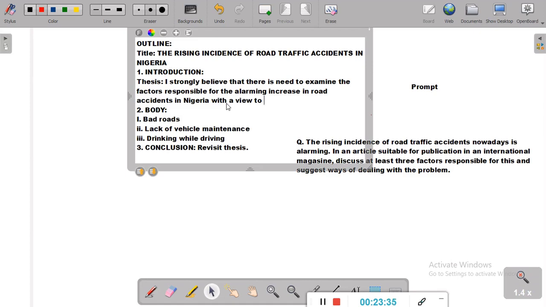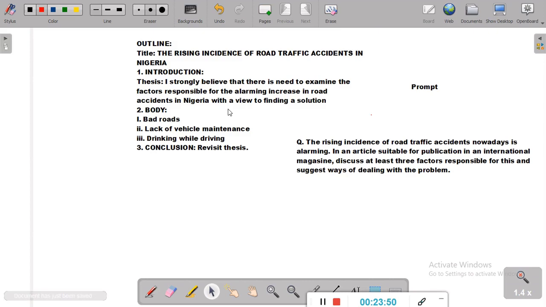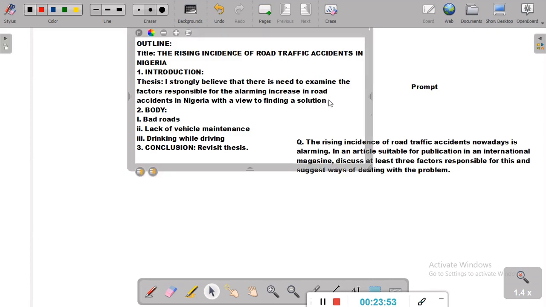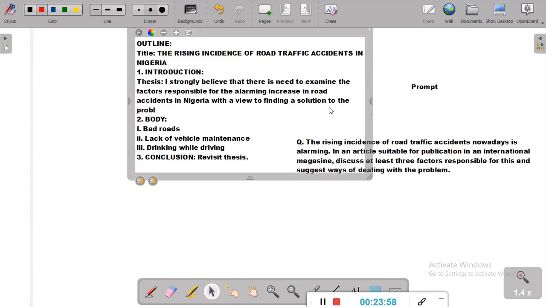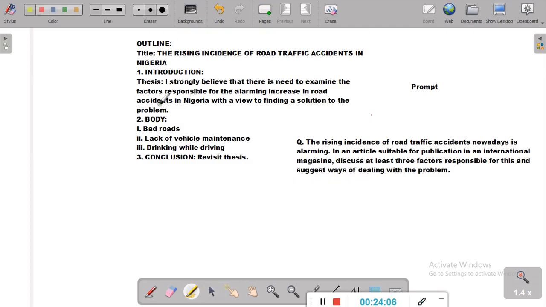With a view to finding a solution to the problem. Okay, all right, so this actually can be a very good, I strongly believe, all right, so this is our thesis.